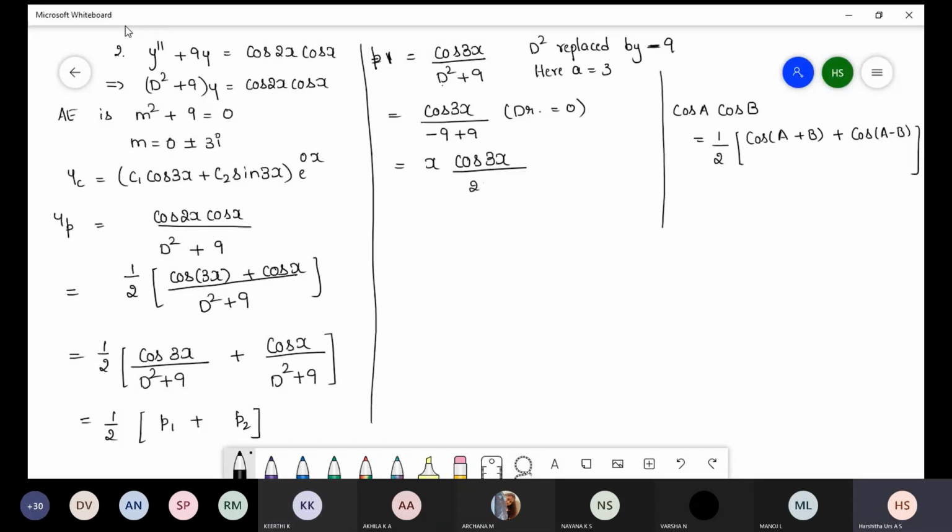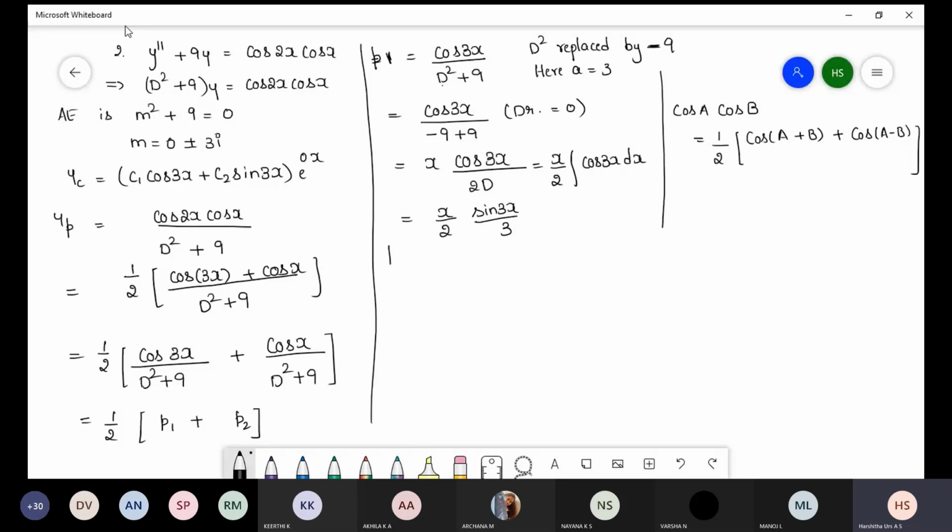So here I write x by 2. I already told you the reciprocal of differentiation is integration. So I write integration of cos 3x dx. Integration of cos 3x is sin 3x divided by 3.